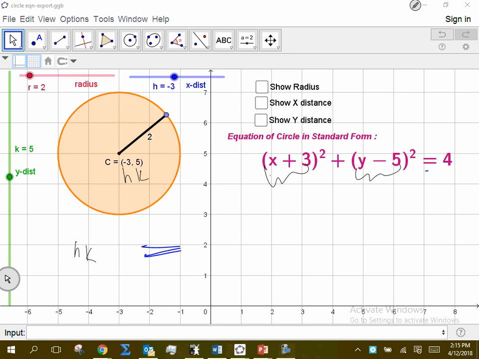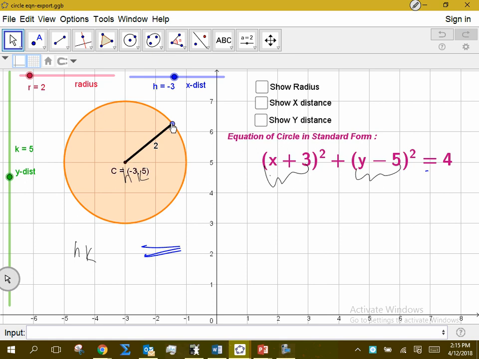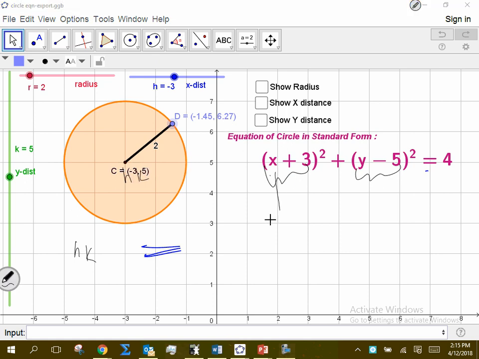So every point that is, so if I take that point right there, which has the ordered pair negative 1.45, comma 6.27, I run that number as negative 1.45, I add 3 to it, take that number of 6.27, subtract 5 from it.